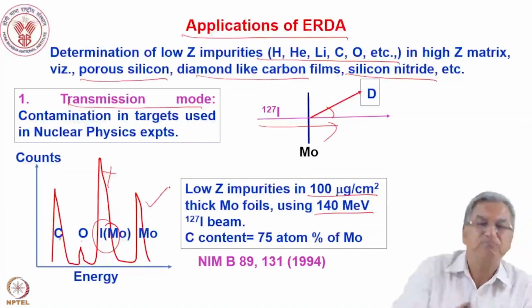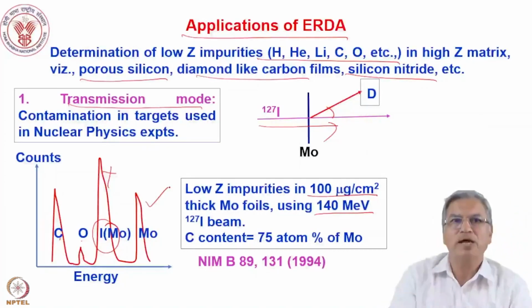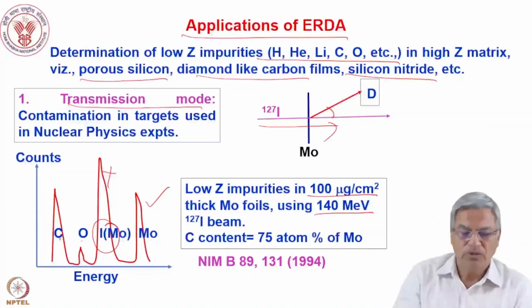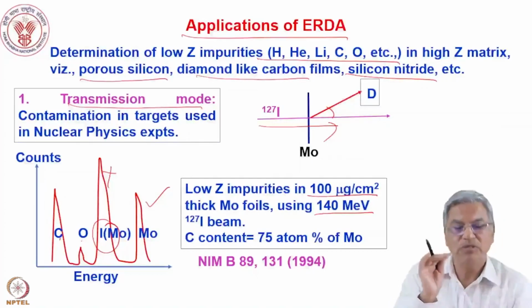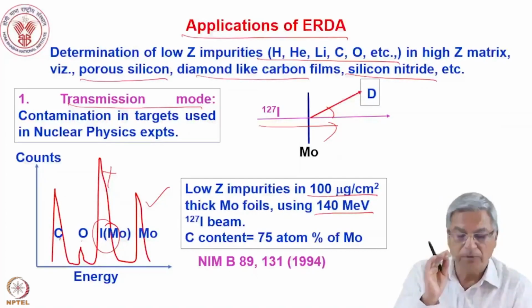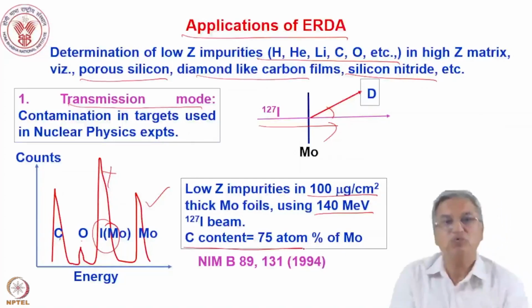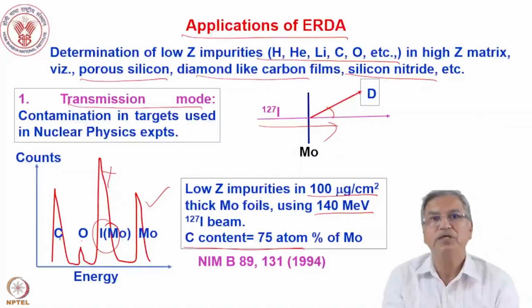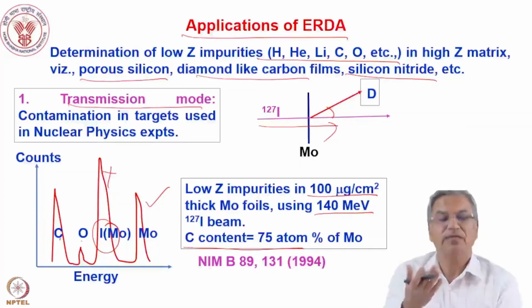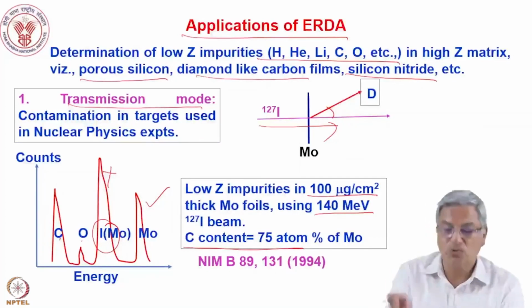And we have the molybdenum recoils. They essentially wanted to see the carbon impurity, and the carbon content was found to be 75% of the molybdenum. These are used in nuclear physics experiments, where we have a metal foil and you want to know what the impurity in the target is.